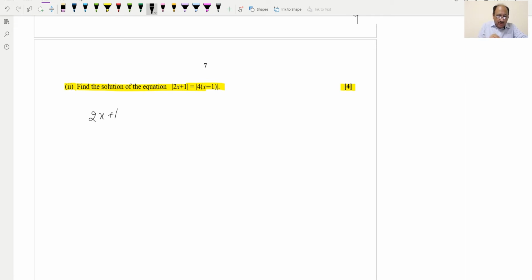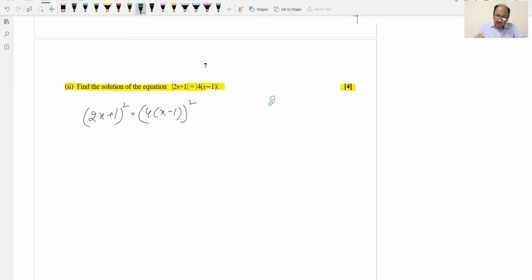2x plus 1 squared we can write equal to 4 into x minus 1 squared. Now we can open the square. This will be a squared plus b squared plus 2ab. I'm using the formula, or you can multiply also.